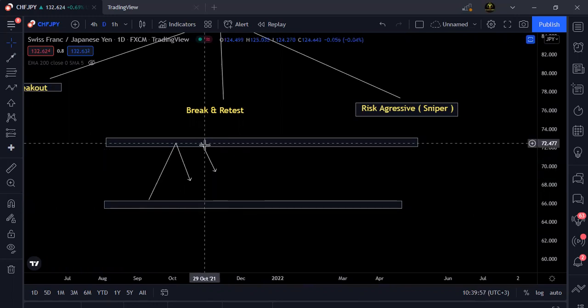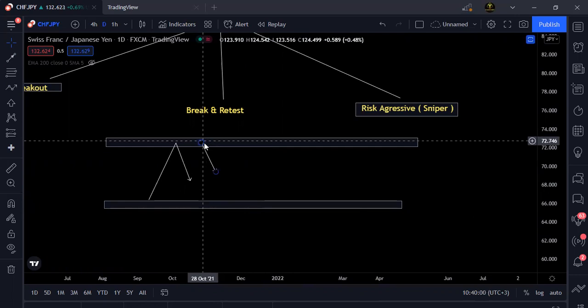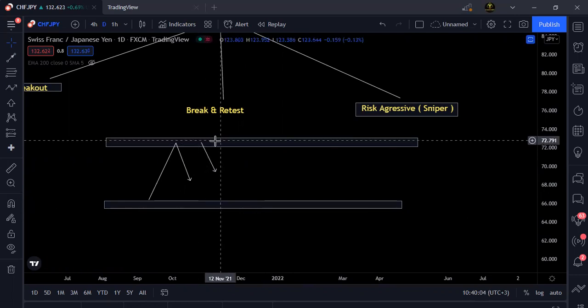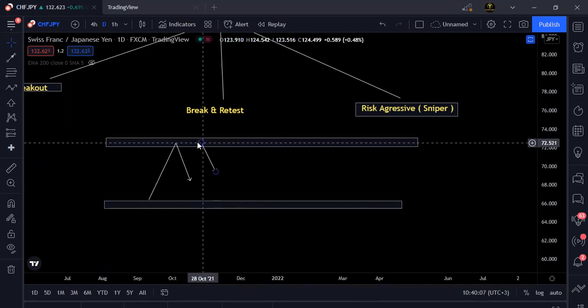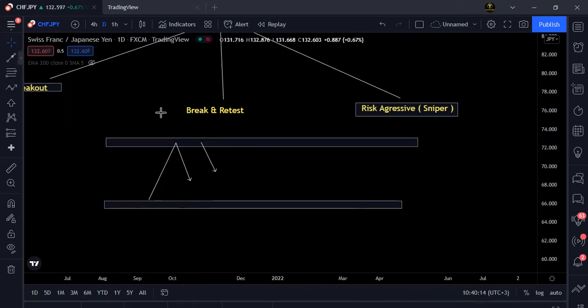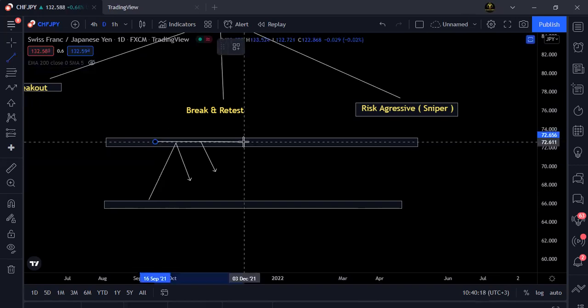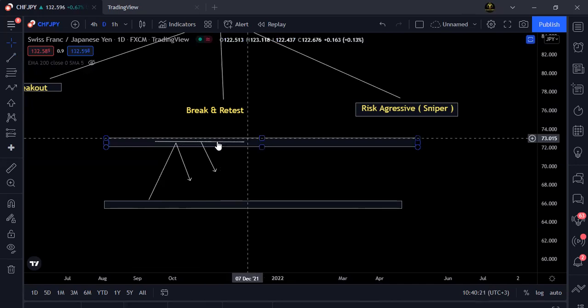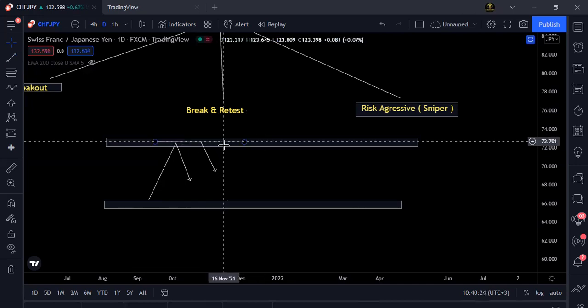So once prices reach here, you can actually be looking for entries at around this point here. If prices do bounce off here, or if prices do reach here, you can take a trade here and get a sniper entry. That will be very easy for you to understand, and you get a very low risk entry at around here.